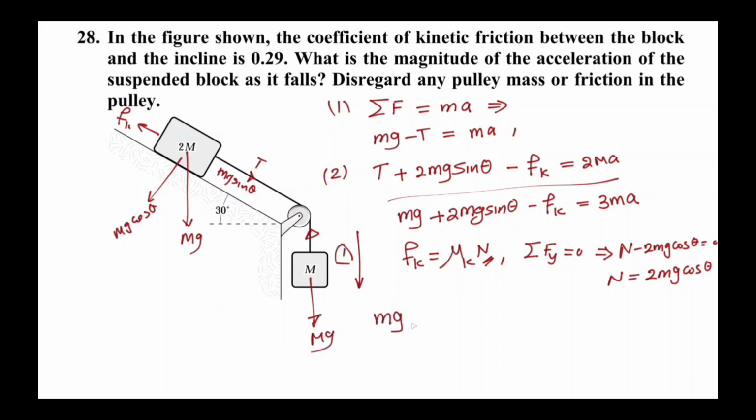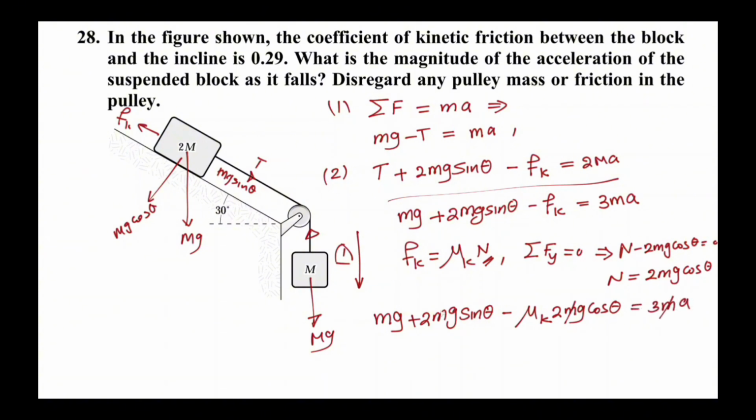you will get mg plus 2mg sine theta minus mu k 2mg cosine theta equal to 3ma.